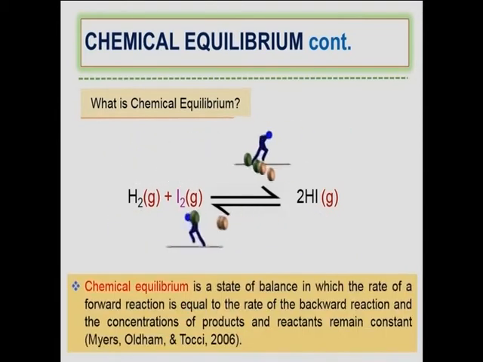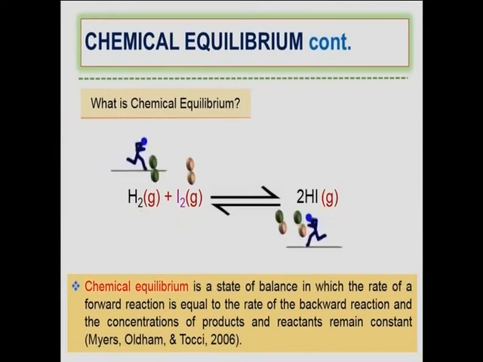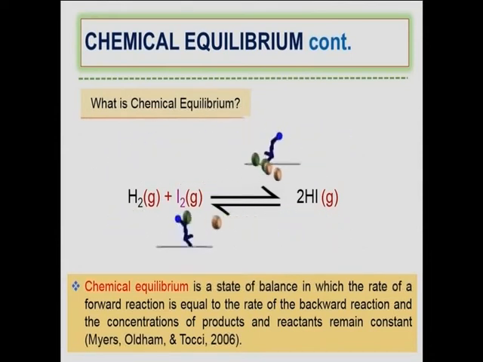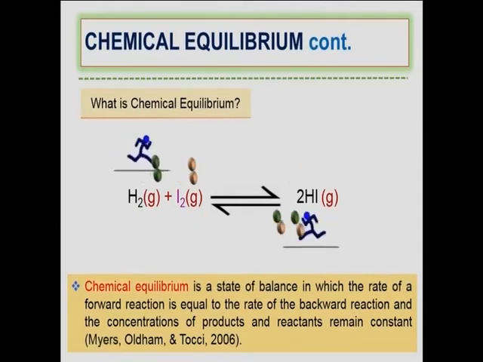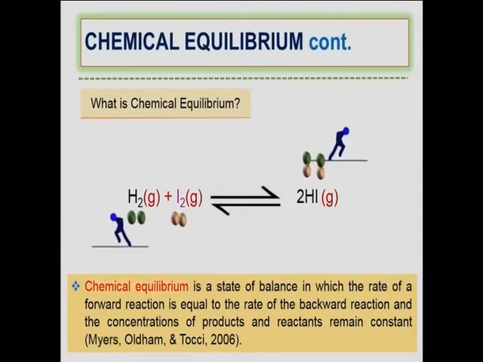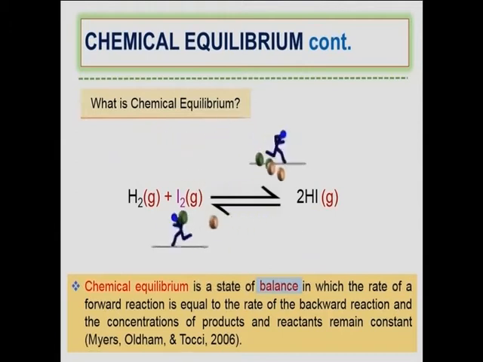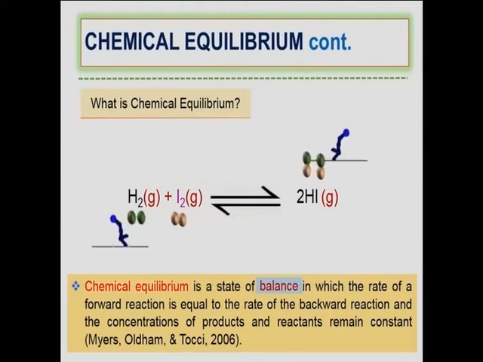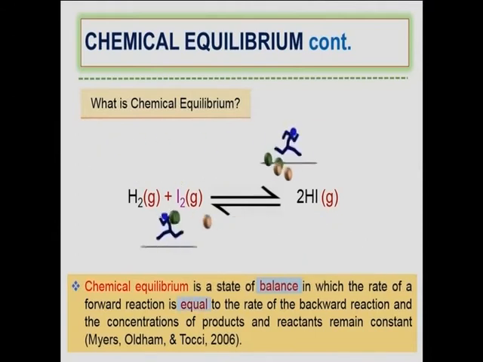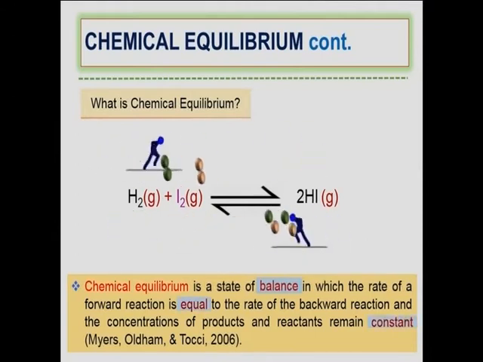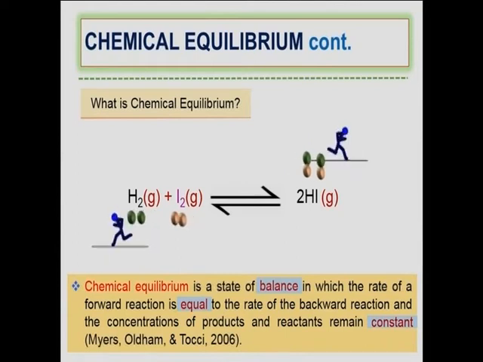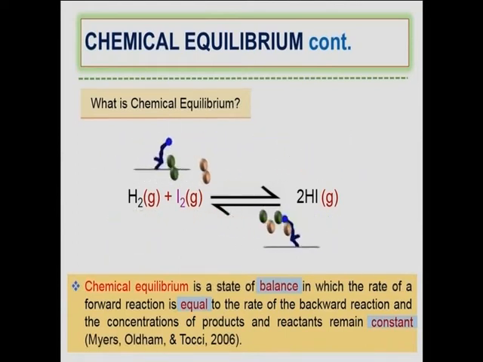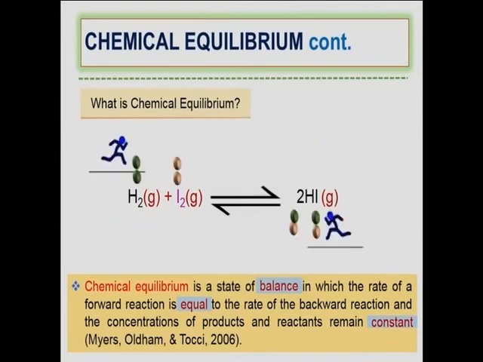So now let's define chemical equilibrium. Chemical equilibrium is the state of balance in which the rate of forward reaction is equal to the rate of backward reaction, and in this state the concentrations of the reactants and the products remain constant.